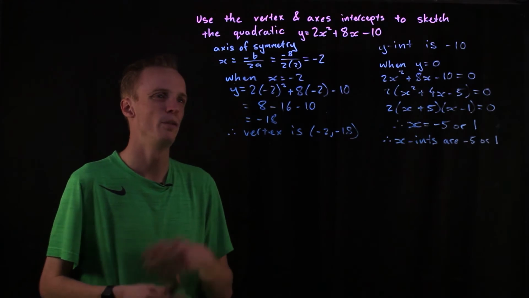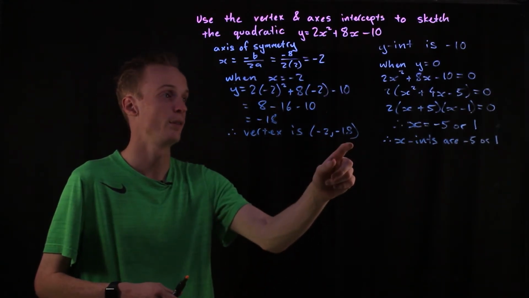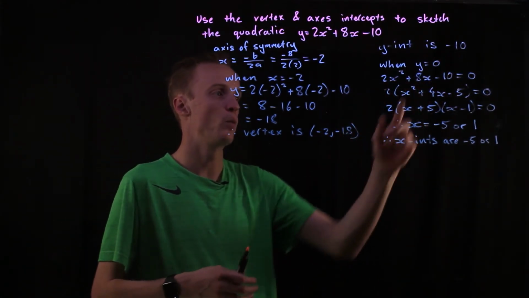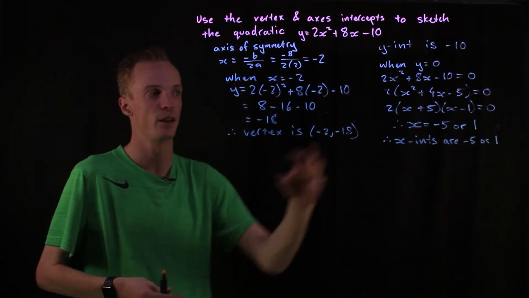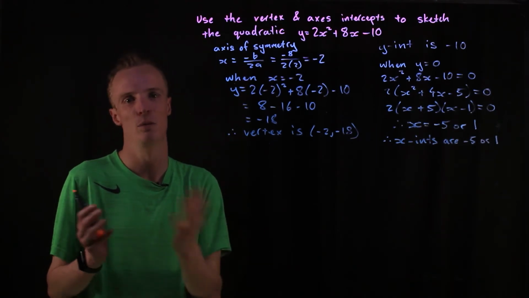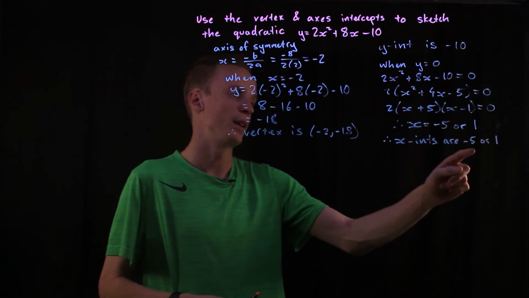So at this point, what we've essentially found is the axis of symmetry, which we've used to find the vertex. We've then found the y-intercept. We've then let y equal 0, so we could find the x-intercept. In this case, I used factorization to find it. Keep in mind, if I couldn't factorize it easily, I would have gone with the quadratic formula instead. But I've found where it cuts the x-axis.